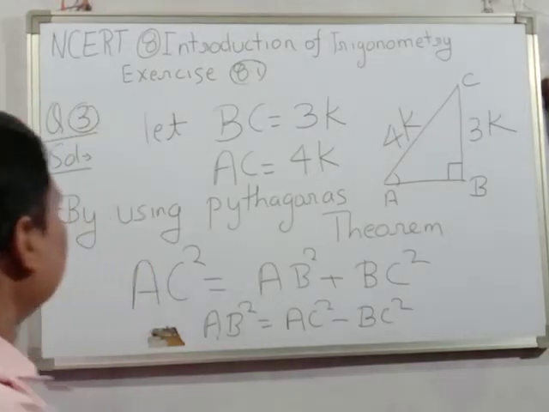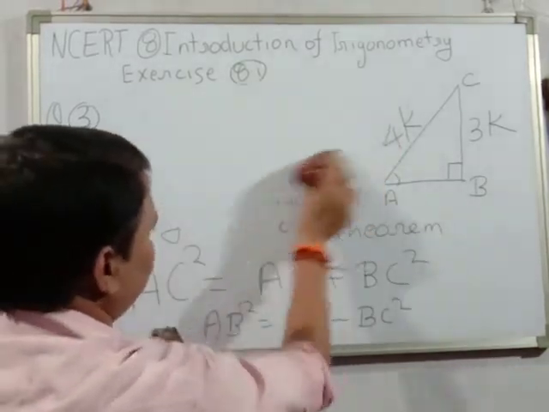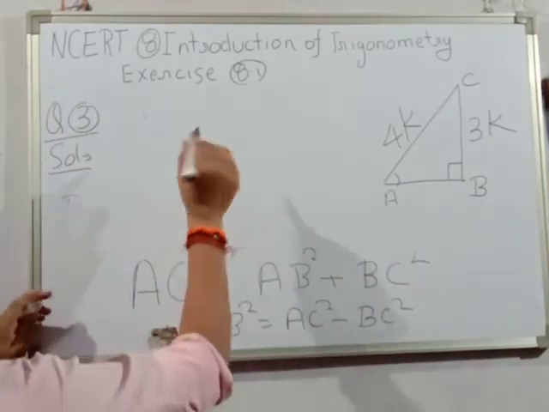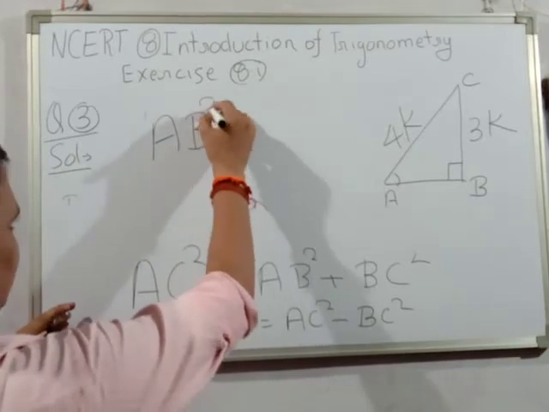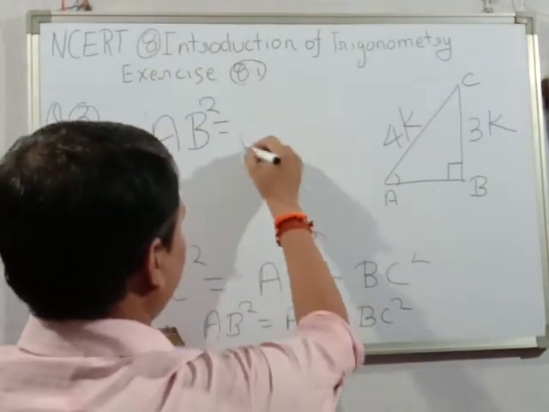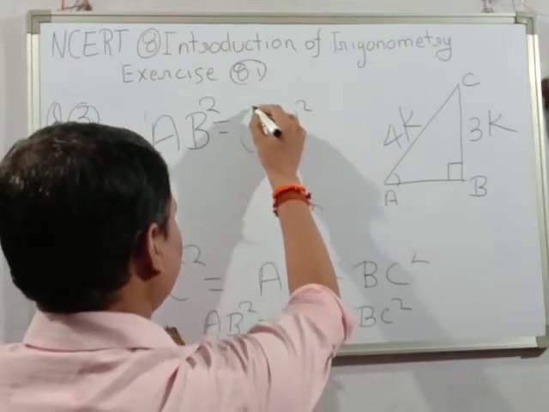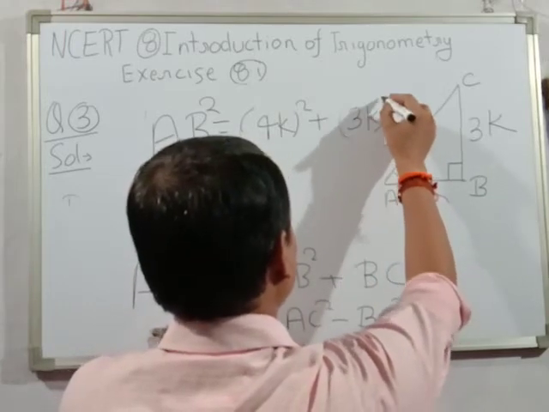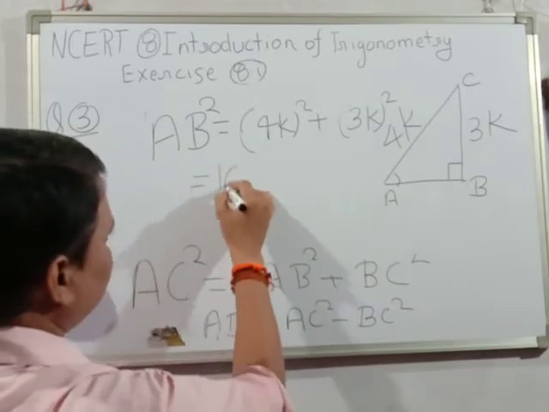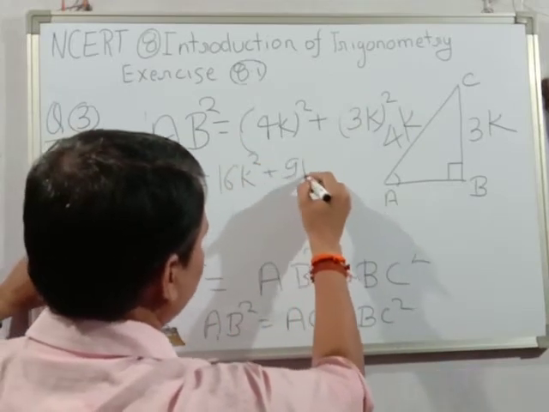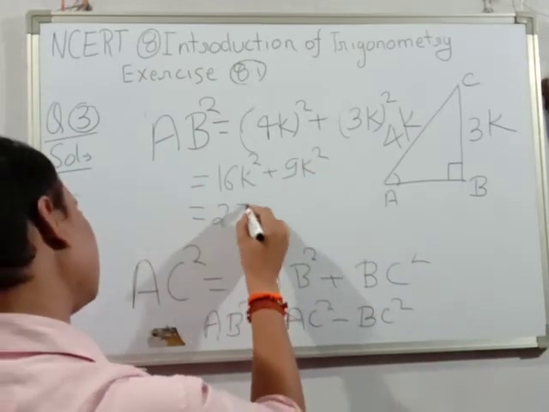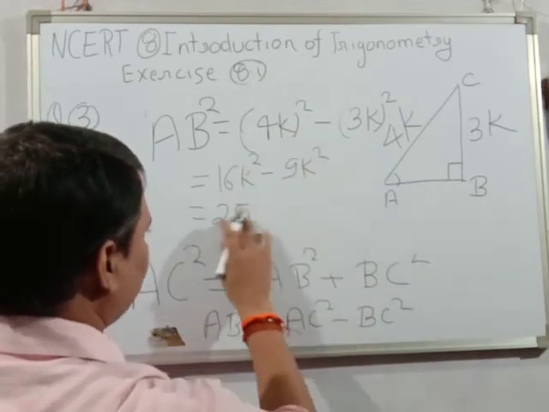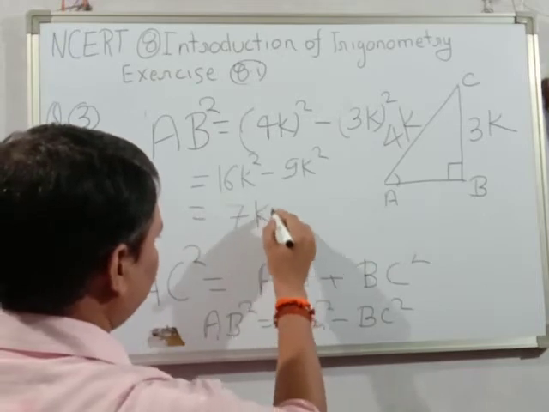Now solve it. So AB square, what is the value of AC? 4K square minus BC is 3K square, that is 16K square minus 9K square, that is 7K square.